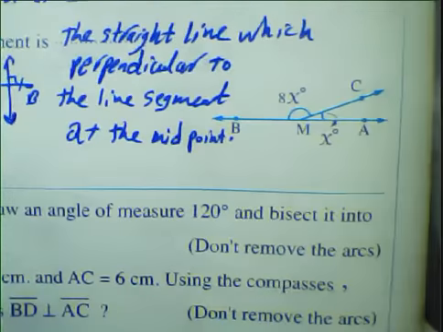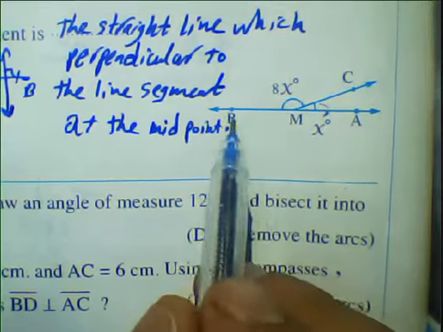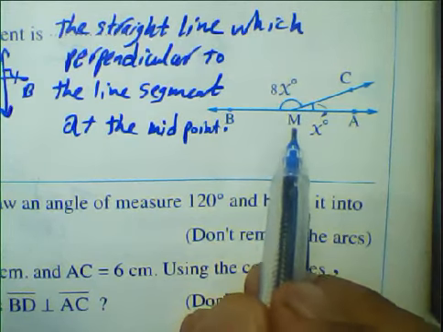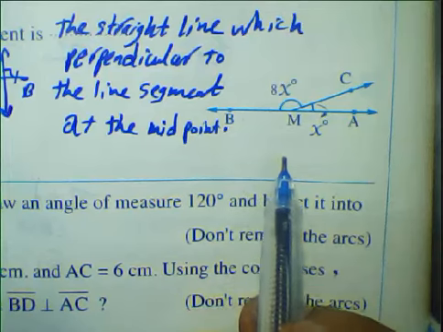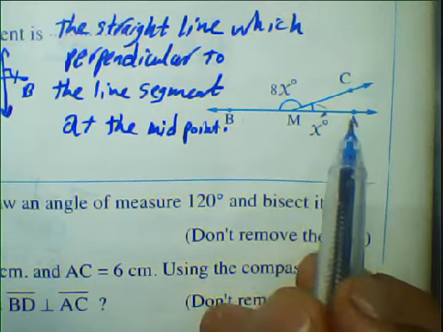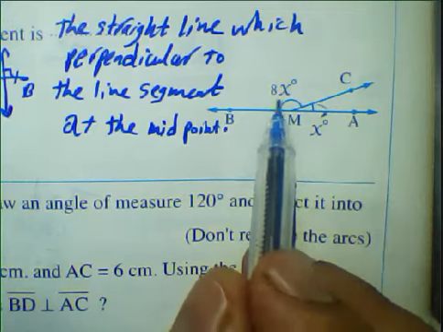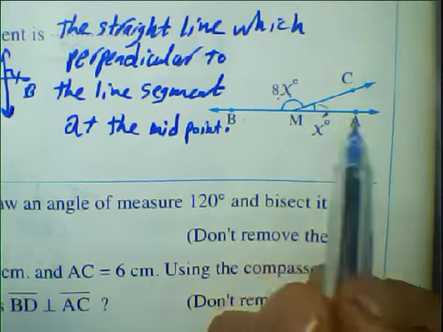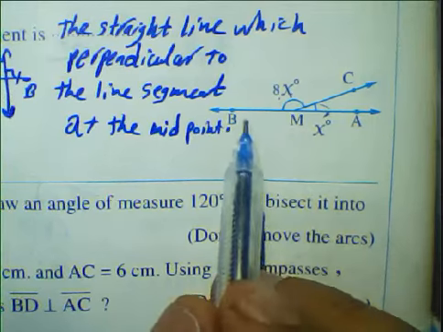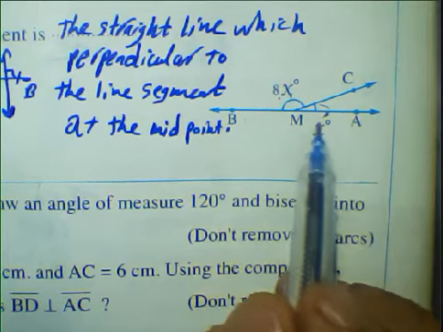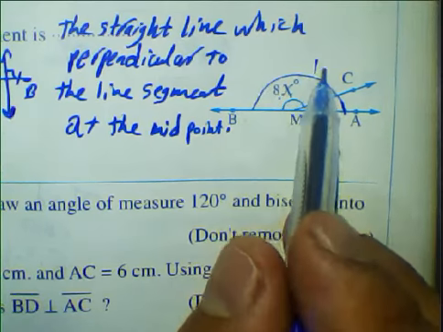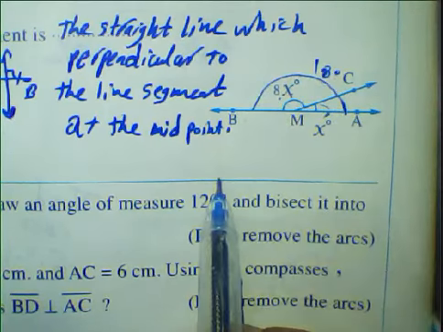Another example here: we have straight line BA and the ray MC cuts it at point M. Then the measure of angle x plus the measure of angle 8x equals 180, because we have a straight line and the outer sides are on the same straight line. So the measure of angle BMA equals 180 degrees.